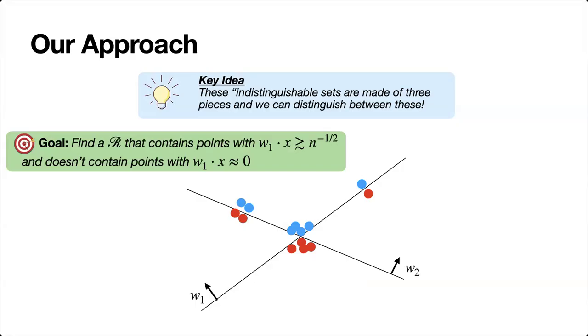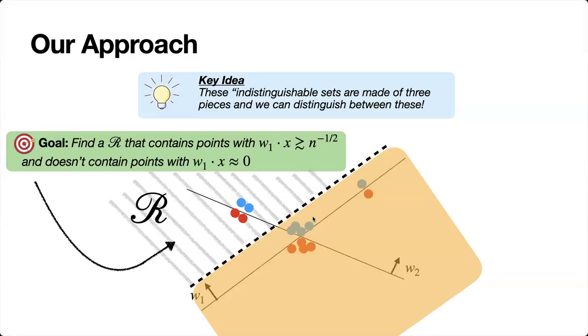And why is it useful to distinguish between these three clusters? Suppose that I could find a region that just contained points from this first cluster over here, right? So it only has the points where W1 dot x is reasonably big, and it doesn't contain any of the other points. In this case, these points are actually going to exactly be labeled according to W2, because W1 is always positive, right?